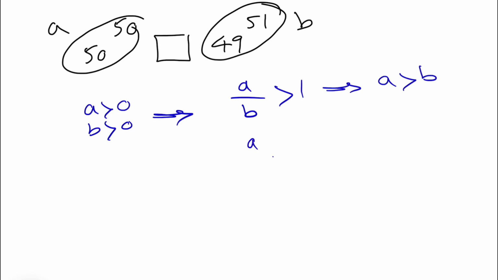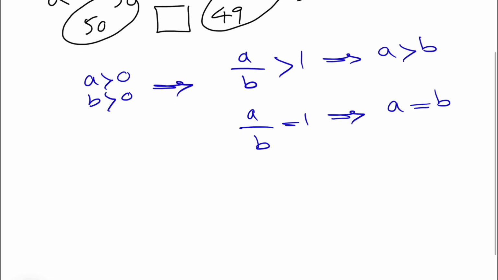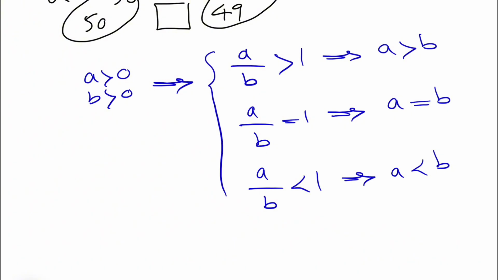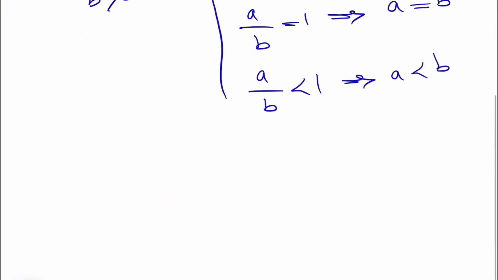If we have A over B equal to 1, that means we have to put an equal sign in the middle, and if we have A over B less than 1, that shows that our A is less than B. So basically, if we figure out the ratio of A over B, which will be 50 to the 50 over 49 to the 51, we can find the answer for this question.